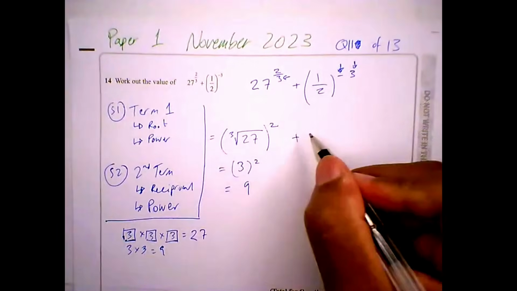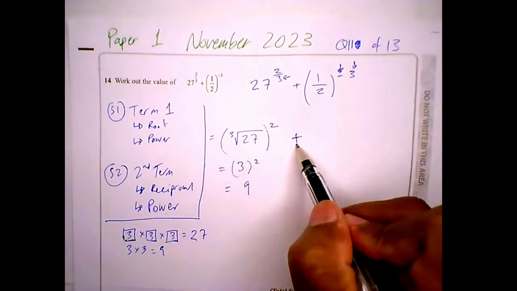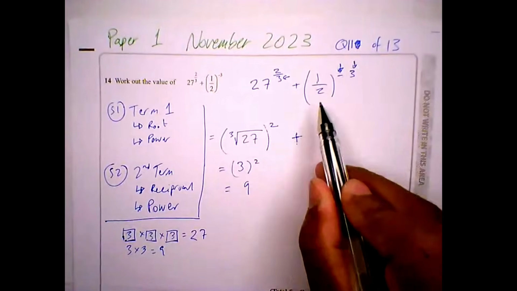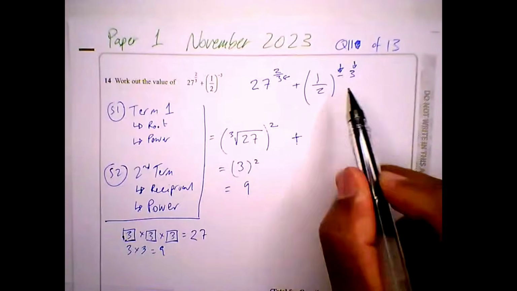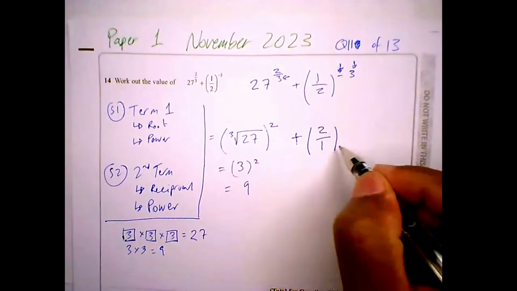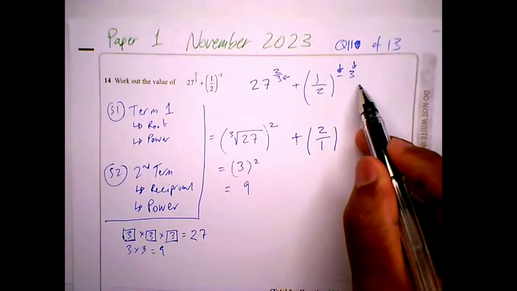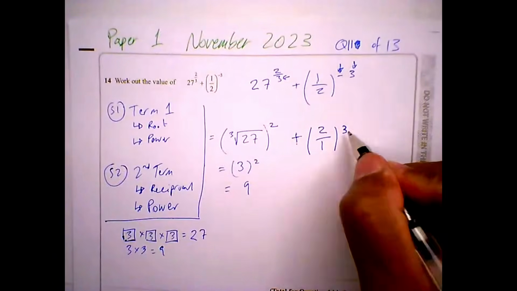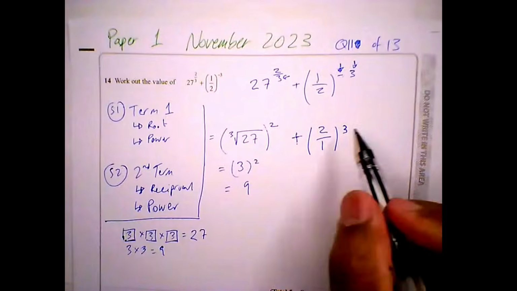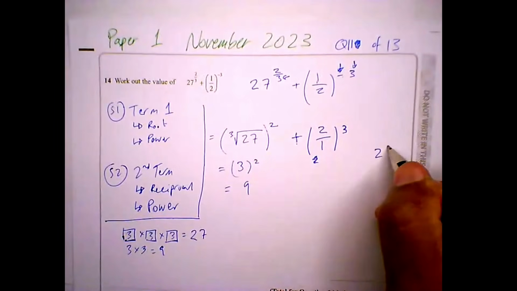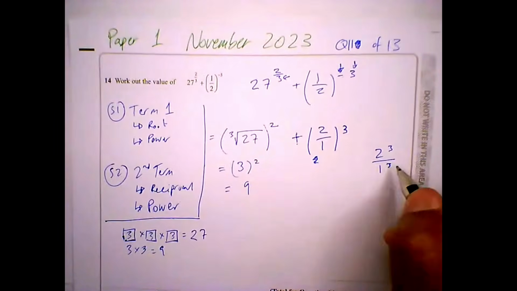This is plus. Now I'm going to be working on my second term. So I've got a reciprocal here. Now with a fraction, if I have a reciprocal, I just swap them. So 1 over 2 now becomes 2 over 1. And then I raise it to the power 3. Okay. So now this is saying 2 to the power 3 over 1 to the power 3.